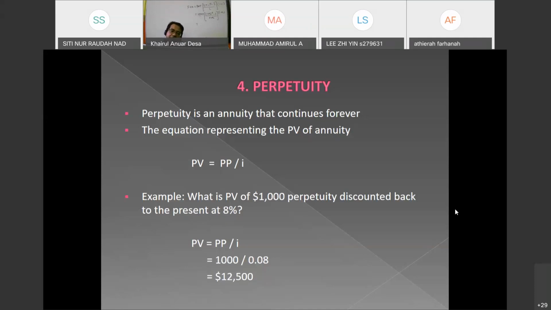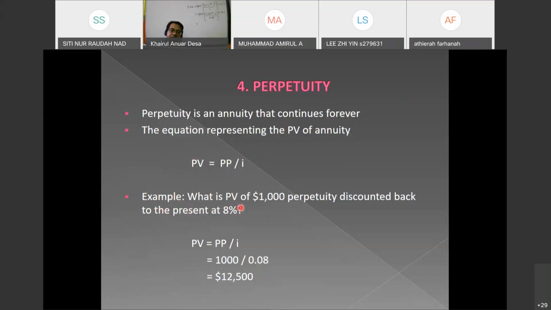So the formula is here for the present value perpetuity. The equation represents the perpetuity. So payment, PMT is the payment, and I is the interest. Ini adalah calculation yang paling senang dalam dunia. So siapa yang tak boleh jawab ini memang dia akan mati awal. Right? So you are able to answer these perpetuity questions.